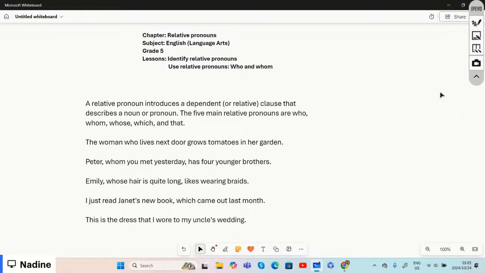And the lessons that we are going to be focusing on under the chapter of relative pronouns is to identify relative pronouns, and we're going to use relative pronouns such as who and whom.